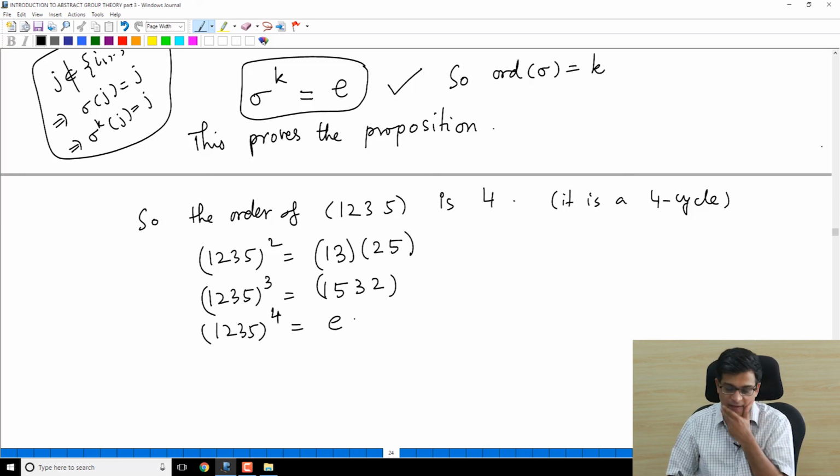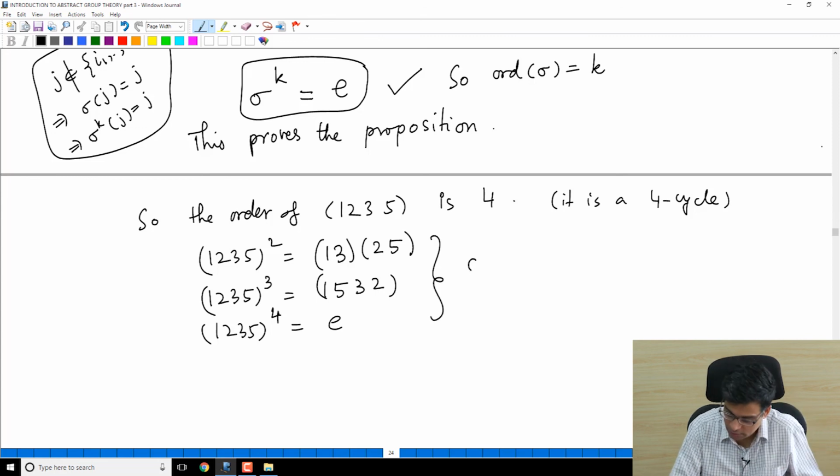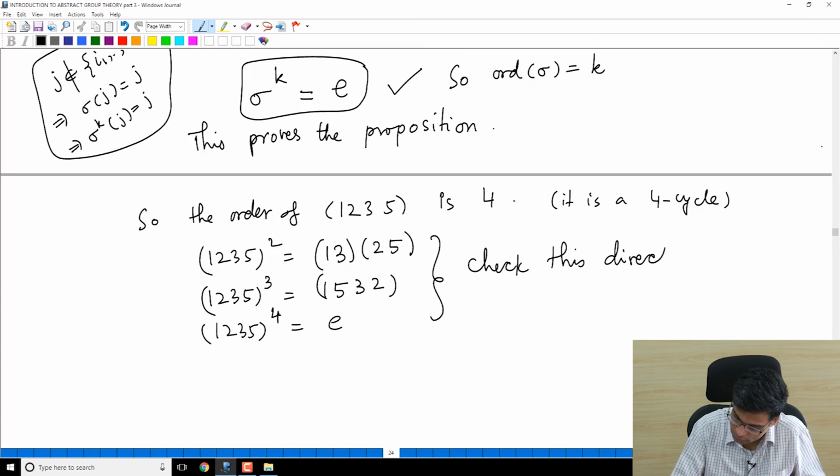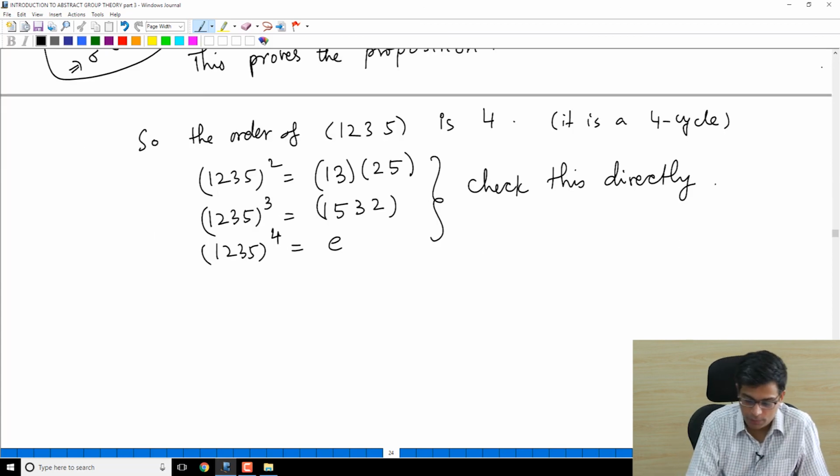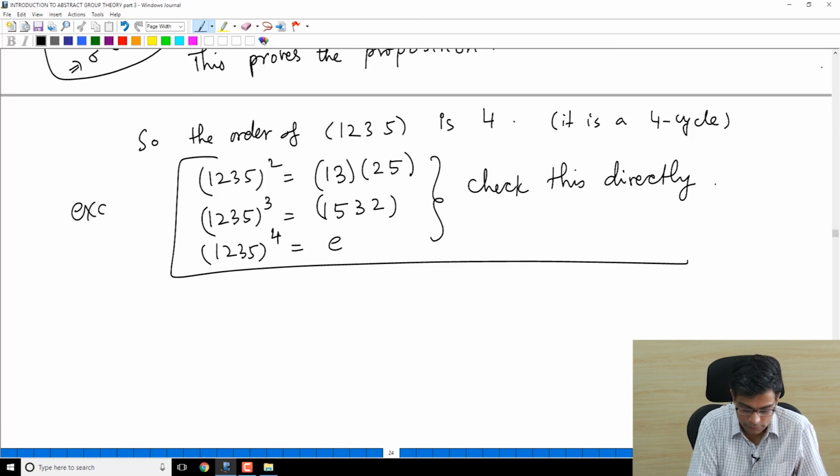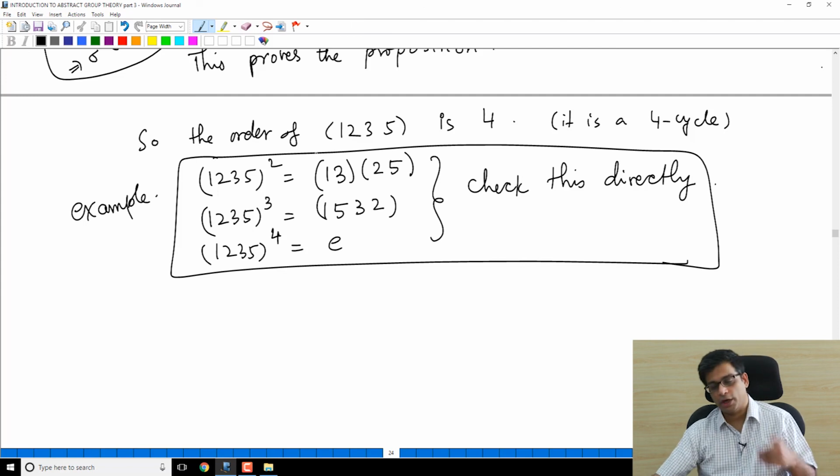Okay, so this I'll let you check. So check this. And of course, the point of the previous proposition is that you don't have to do this calculation every time. Okay, 1, 2, 3, 5, you can immediately say, because it's a 4 cycle, it has order 4.